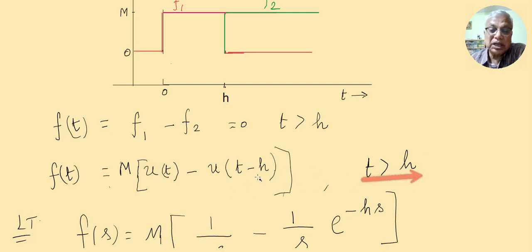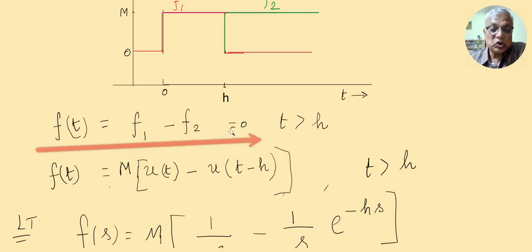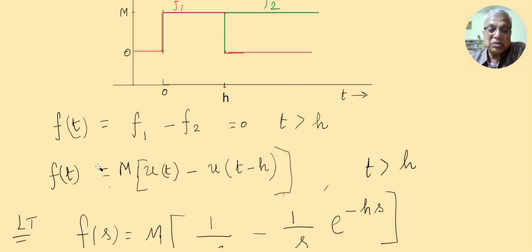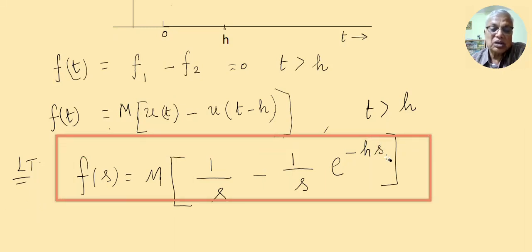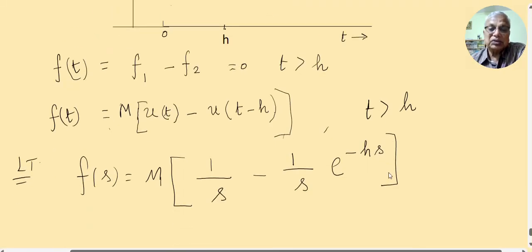So for t greater than h, the equation of this pulse function is f of t equal to m into u of t minus u of t minus h, and its Laplace transform is this. So this is the equation, values and sketch for the pulse function.